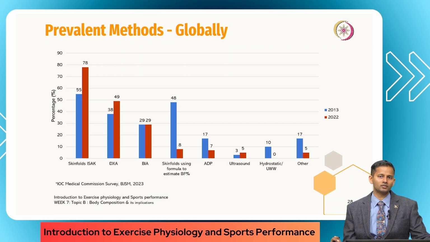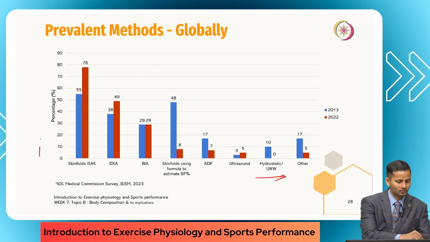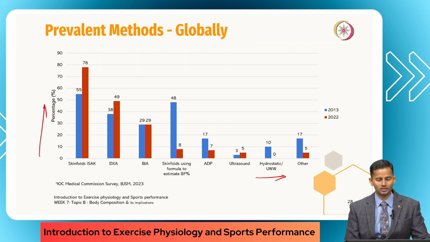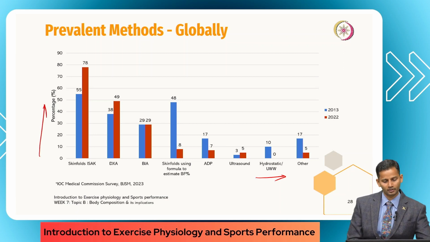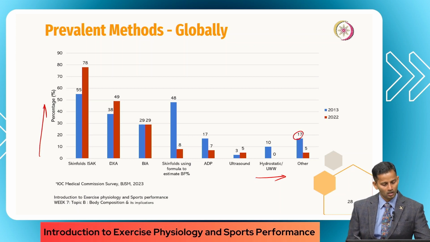The x-axis gives you the different body composition methods, and along the y-axis you have the percentage. The respective percentages are mentioned on top of the bar. The blue bar represents the reported measures in 2013, and the red one measures in 2022.